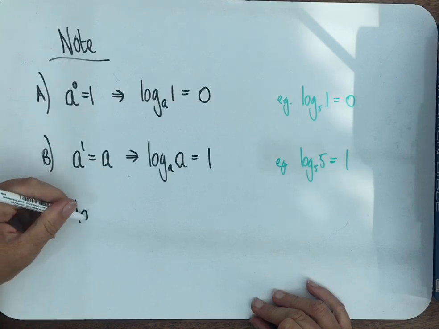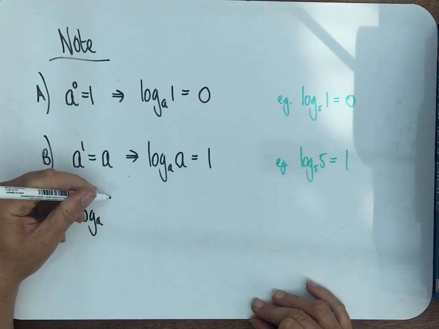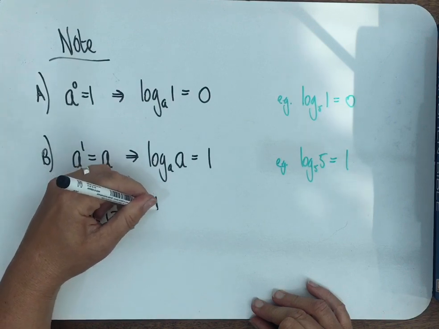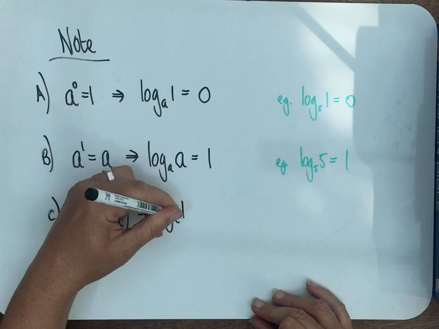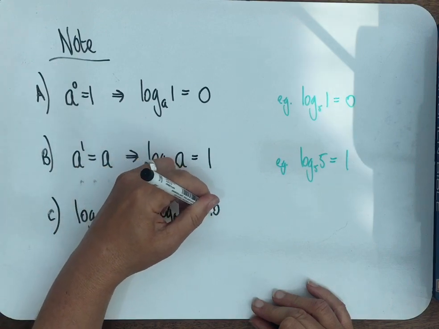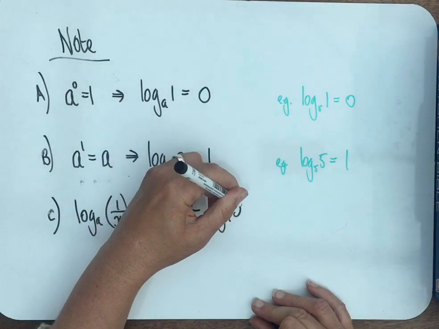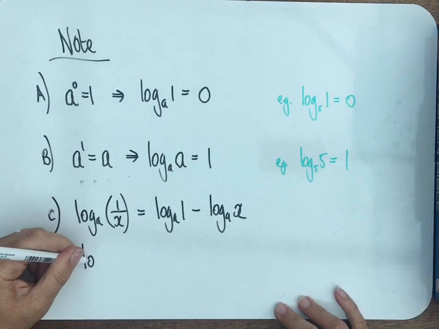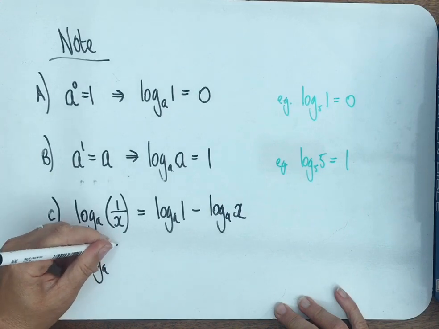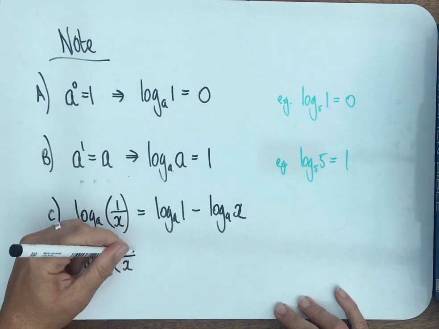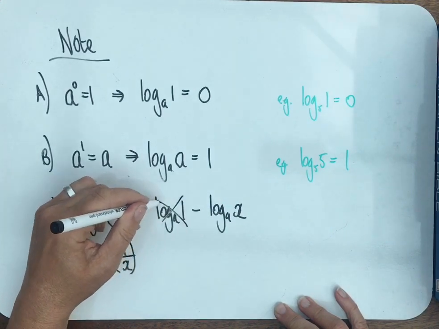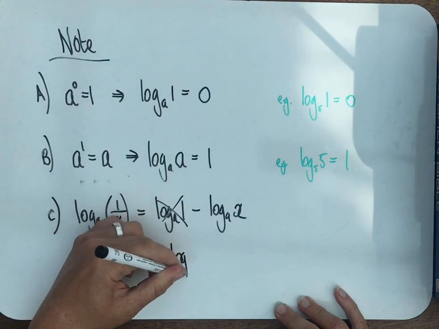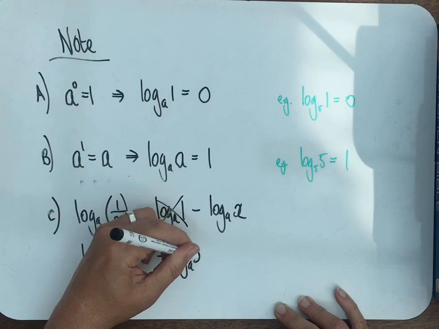And the third one to note is that if you've got log to the base a of 1 over x, that's equal to log to the base a of 1 minus log to the base a of x. That's our second law. And so log to the base a of 1 over x, log 1 is 0, so that's equal to minus log to the base a of x.